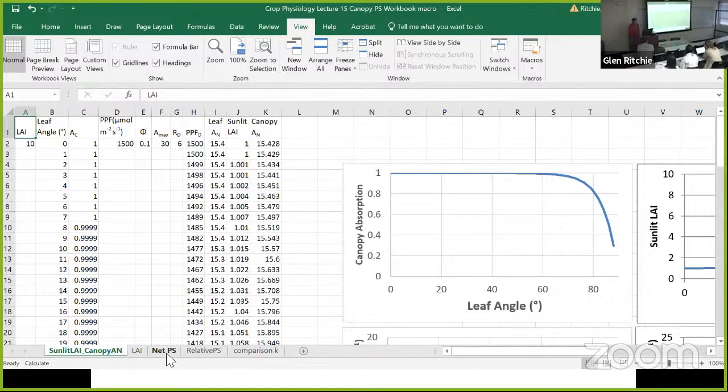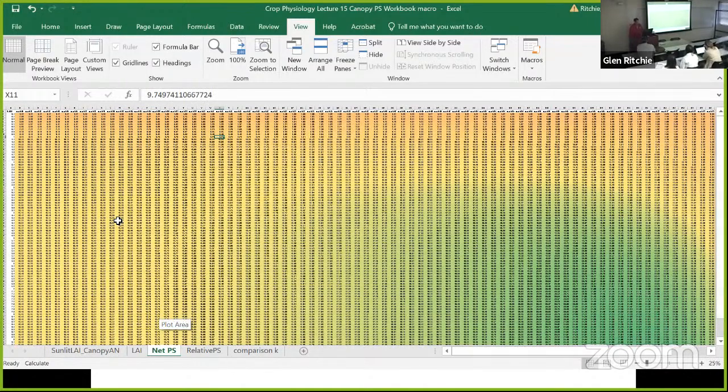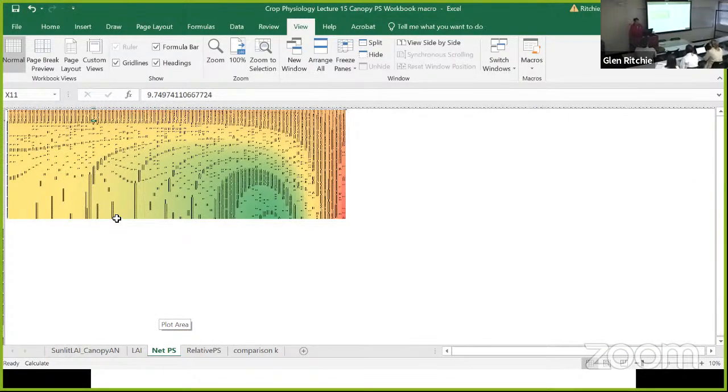But what it gave me was a net photosynthesis for all of these values. Isn't that cool? And then I set conditional formatting to where it changed the highest values to green and the lowest values to red. So what you can see is you've got this pattern of decreasing net photosynthesis by leaf angle at the lower leaf area indices.